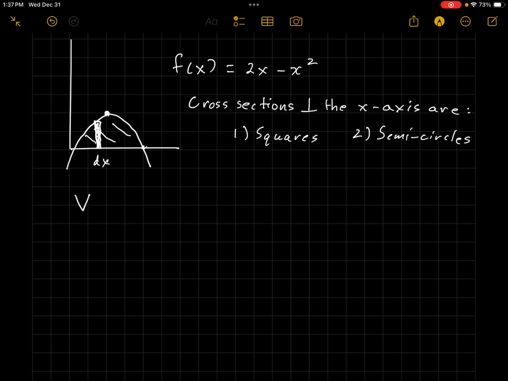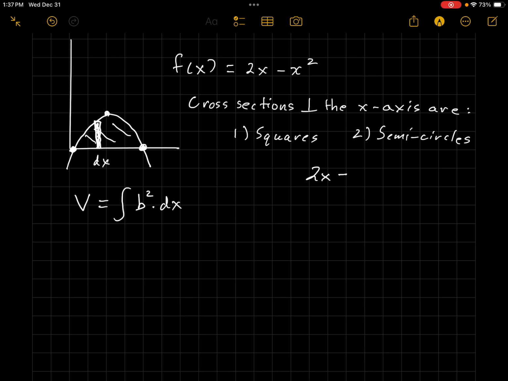So I know that the volume is the sum of all my squares that have a tiny width of dx. We're missing the limits, so we need to find the x-intercepts. That's pretty easy to do.